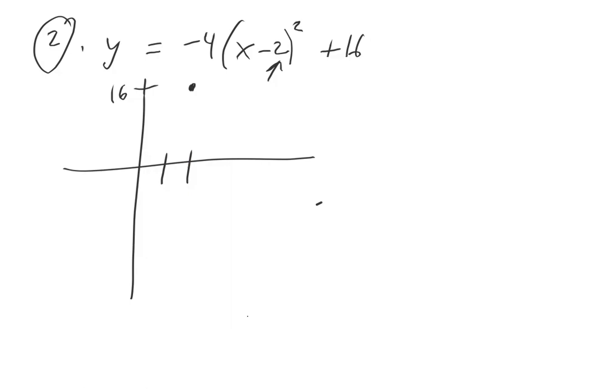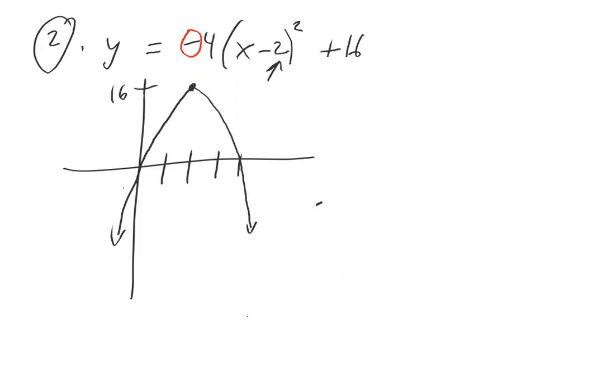But then there's a negative sign in front of the squared part. So that means it opens downwards. So this parabola opens downwards, like this. Now, we need to find the axis of symmetry.